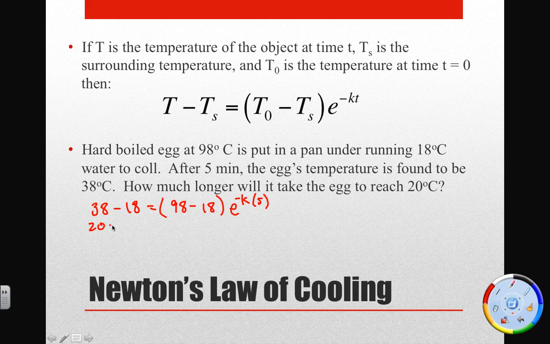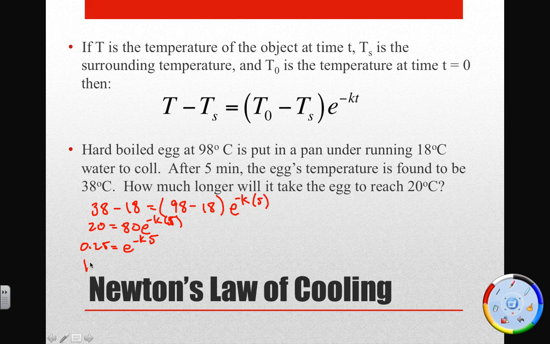We do some math. This becomes 20 equals 80 e to the negative k times 5. What are we going to be looking for? We're going to be looking for k. If I divide both sides by 80, I get 0.25 equals e to the negative k times 5. Take the natural log of both sides and divide by negative 5.